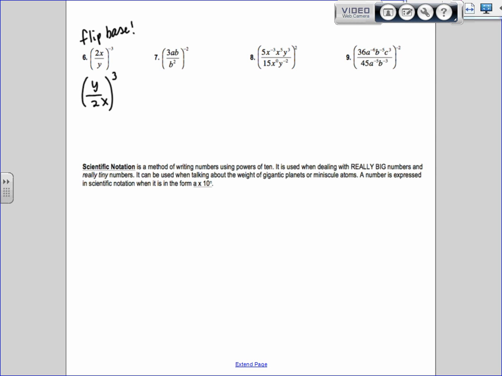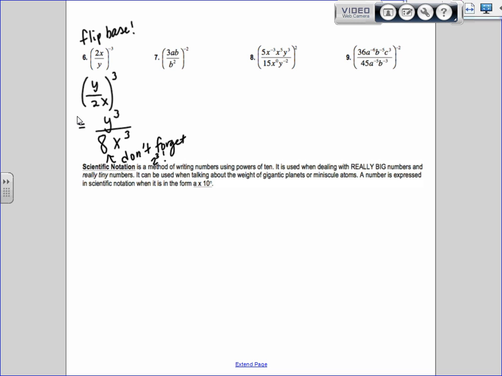Now we bring the 3 in. So we get y cubed, and we definitely have x cubed on the bottom, but then time and time again, people will just write 2. It's like they forget about the poor little number. What's 2 cubed? 8. So don't forget that. So don't forget 2 cubed.